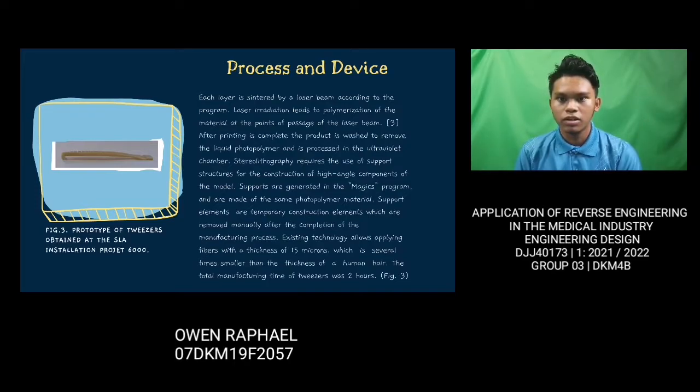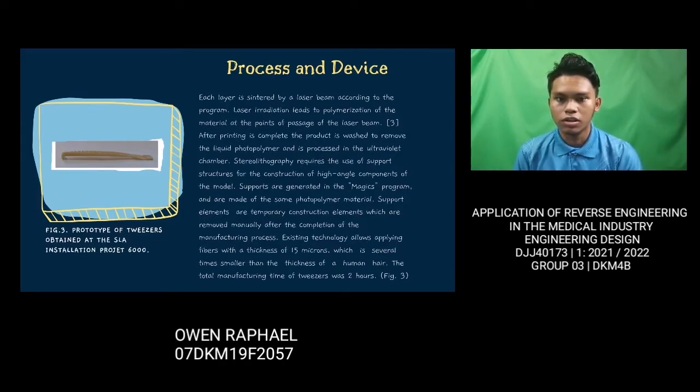Stereolithography requires the use of support structures for the extraction of high-angle components of the model. Supports are generated in the MAGICS program and are made of the same photopolymer material. Support elements are temporary construction elements which are removed manually after the completion of the manufacturing process.